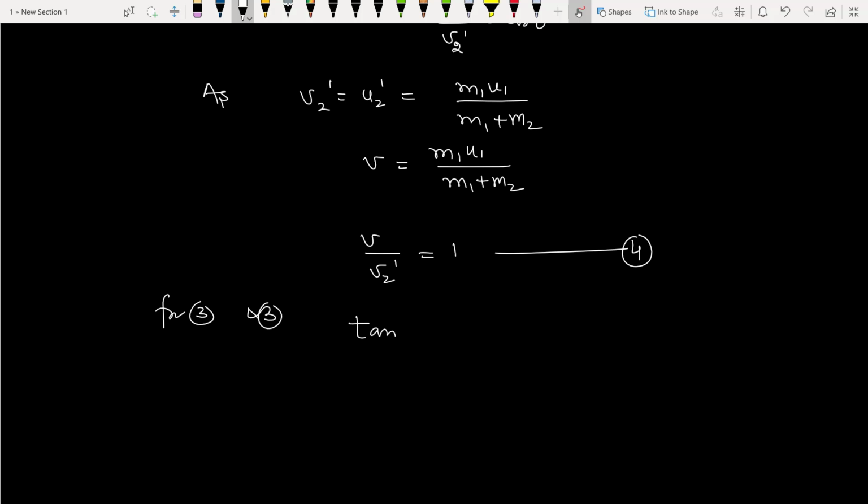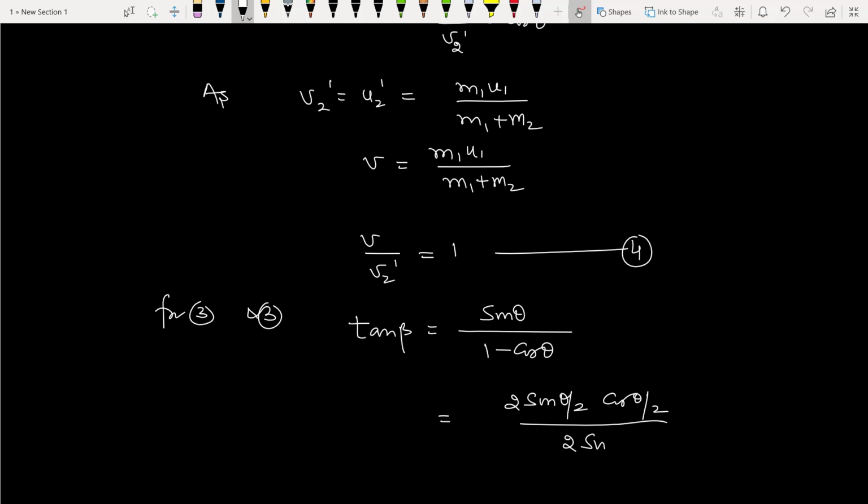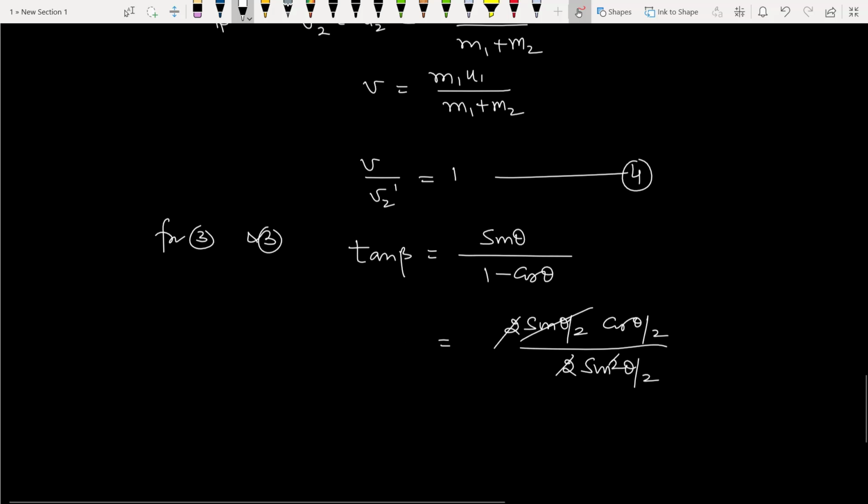So tan beta is equal to sin theta divided by 1 minus cos theta. So it is 2 sin theta by 2 cos theta by 2 over 2 sin square theta by 2. 2 cancels out, this cancels out, so it will be cot theta by 2. So tan beta is equal to cos theta by 2 divided by sin theta by 2, it will be cot theta by 2.